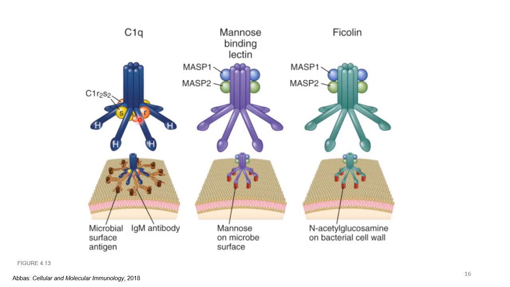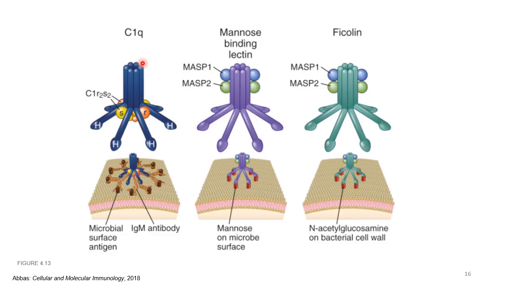When this thing interacts, not directly with the surface of the pathogen, but with the constant region of antibodies that recognized the pathogen, when it binds, now you're going to have conformational change and activation of those serine proteases.